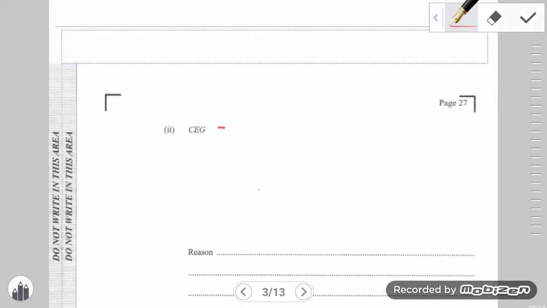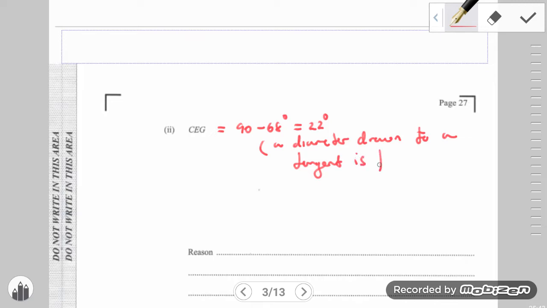Let's go over to the next page here. This angle is going to be equal to 90 degrees minus 68 degrees, which works out nicely to be equal to 22 degrees. And the reason behind that is a diameter drawn to a tangent is perpendicular.